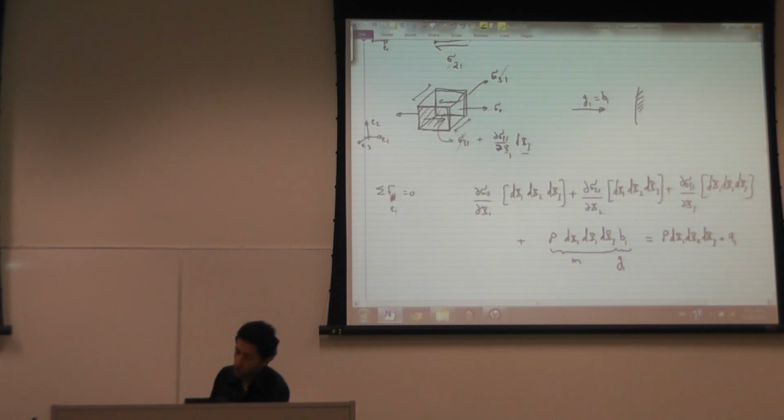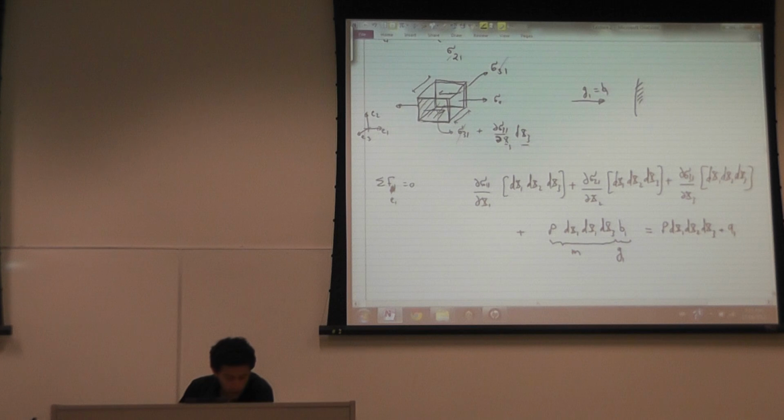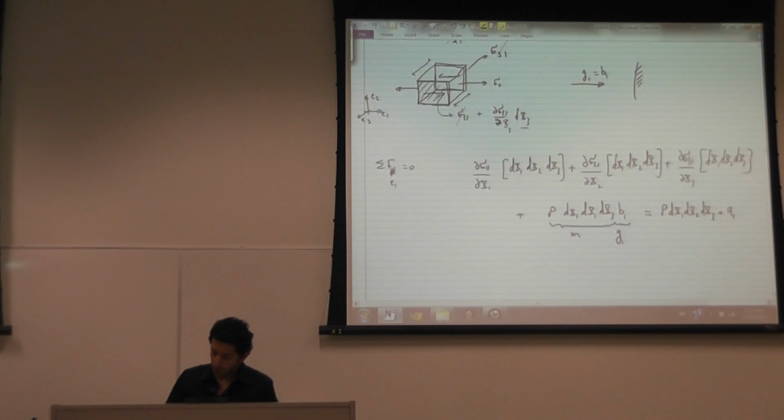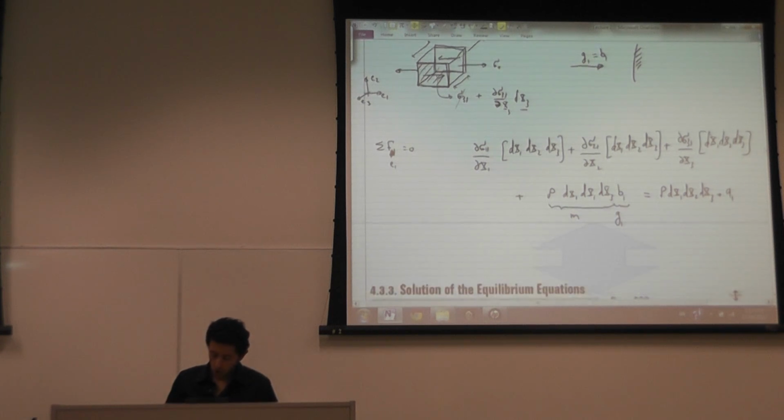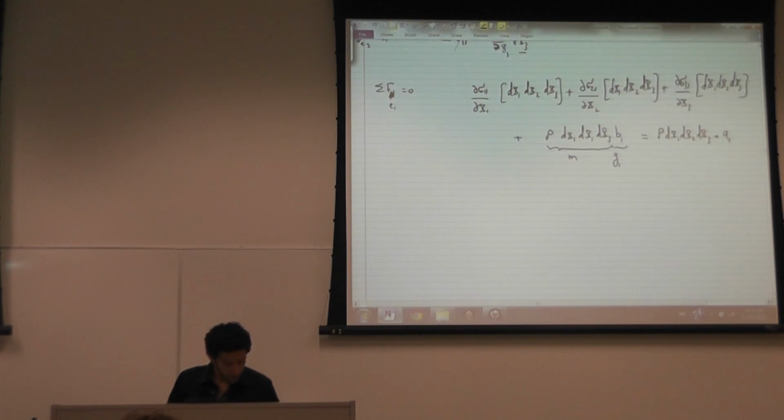If you divide by the volume, you'll end up with the equation of equilibrium that any person working in mechanical or civil or any mechanical system should know by heart.